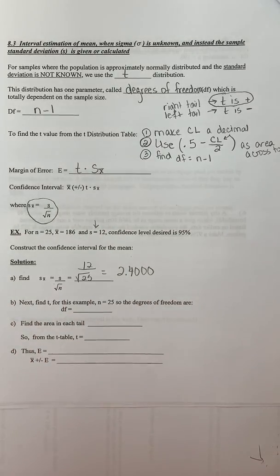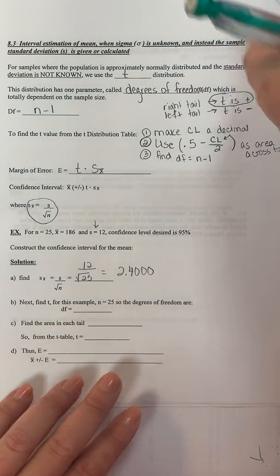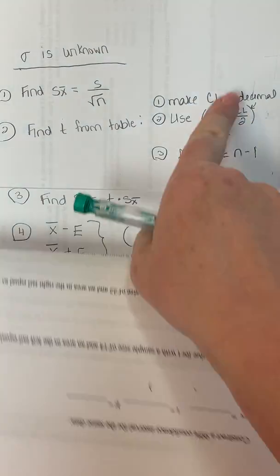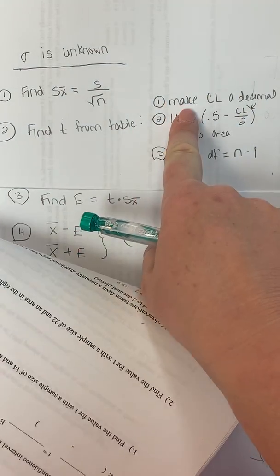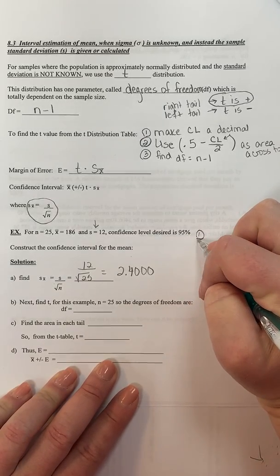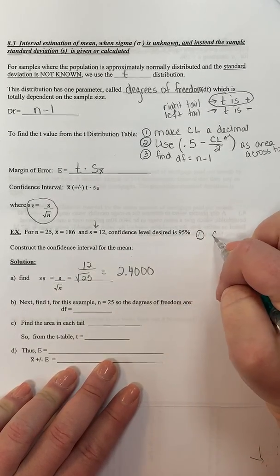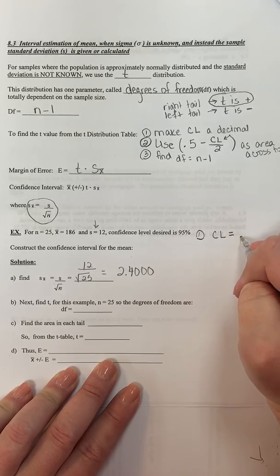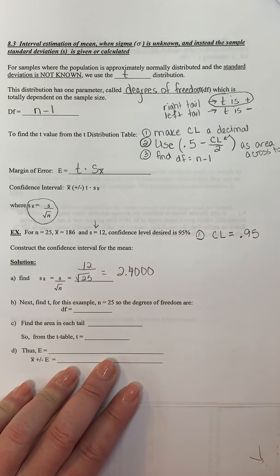Okay, all right, now we go on to B. Find t for this example. n equals 25. Okay, so if we follow our steps here to find t from the table, first step, make our confidence level a decimal. So step 1 would be that our confidence level becomes a decimal, 0.95.